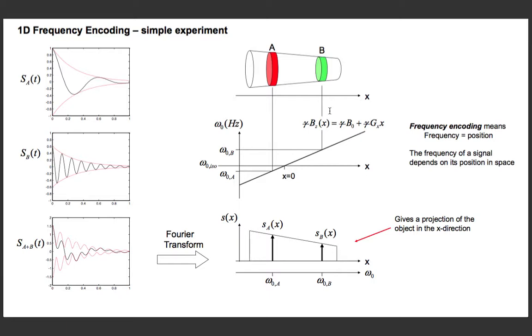It's really because when I have the readout gradient on, these different parts resonate at different frequencies, and we measure it, and we decompose the signal. We do a Fourier transform to identify what their frequencies are, and their frequencies are linearly related to their position in space, so we recover the whole shape of the object by doing the Fourier transform. This is the essence of frequency encoding.